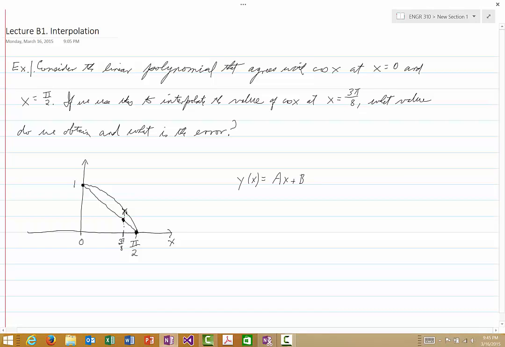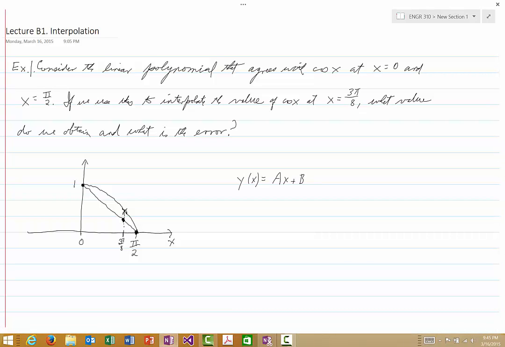Now, a moment ago I hinted that the way that we would find the interpolating function is by taking this expression here and making it give the correct values for the cosine at the 2 points that are given, at x equals 0 and x equals pi over 2. And to be honest, that's not really the way we're going to do it.